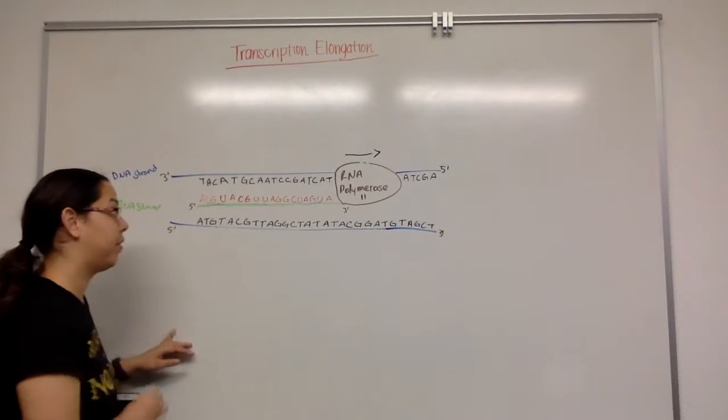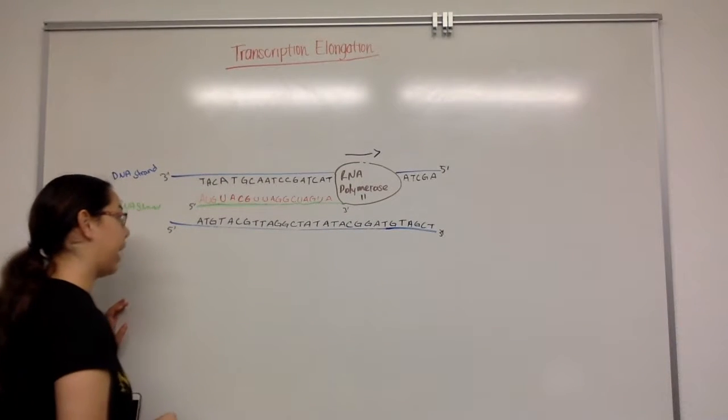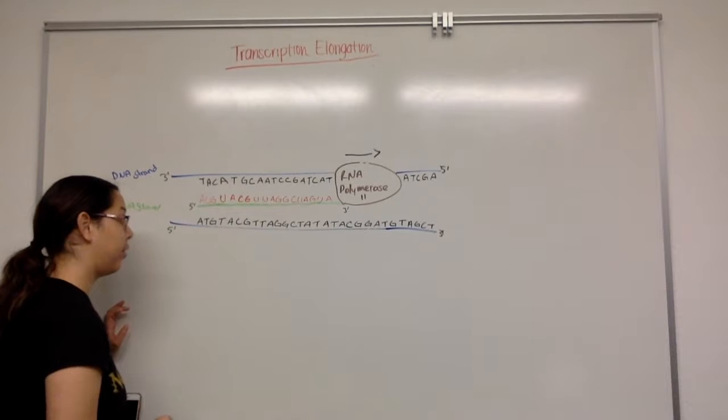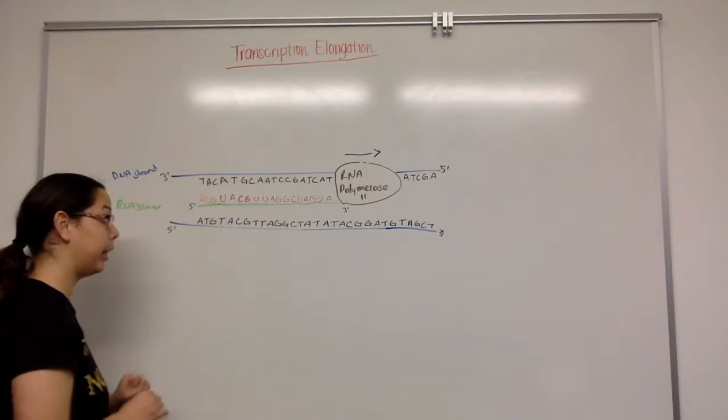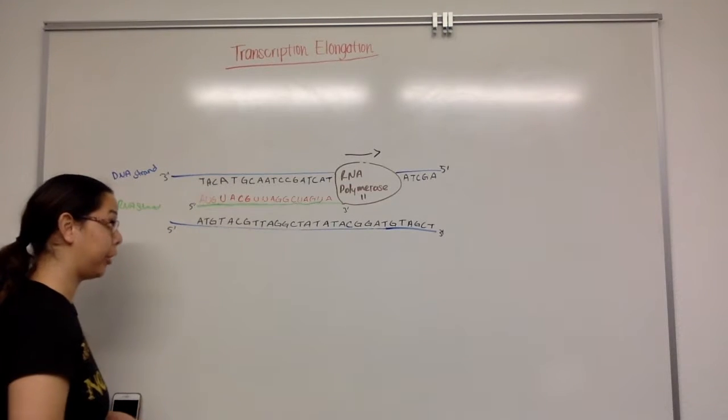Instead of the A's being paired with thymine, in the RNA strand, thymine is replaced with uracil.